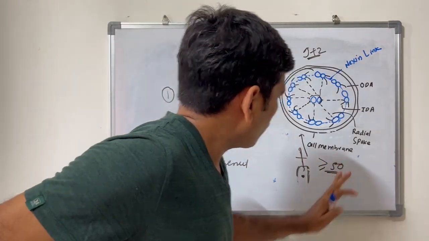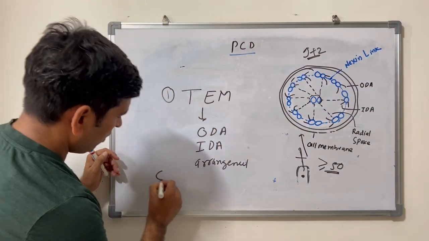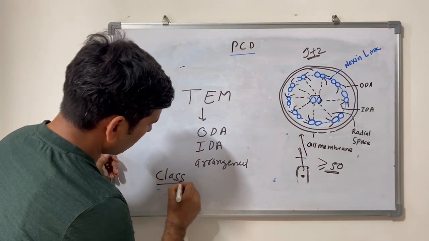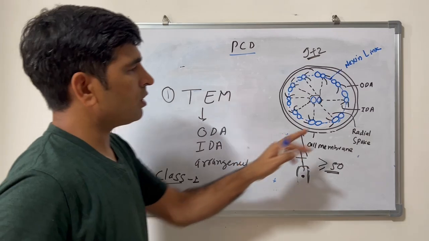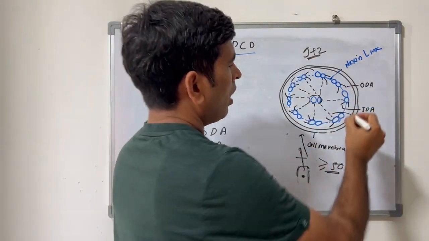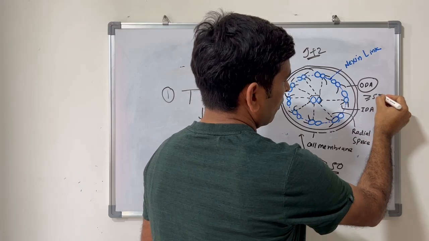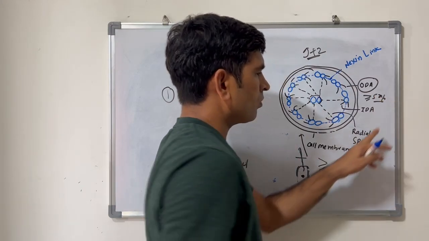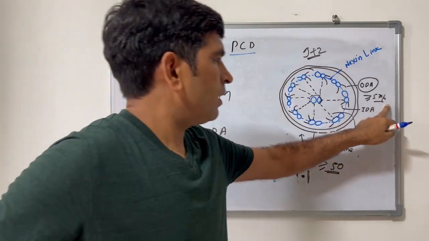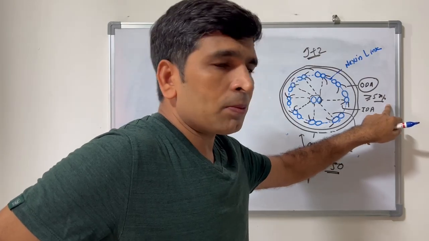You will find a class 1 defect. What are the class 1 defects? If there is absence of the outer dynein arm in more than 50% of the axonemes, then it is class 1.